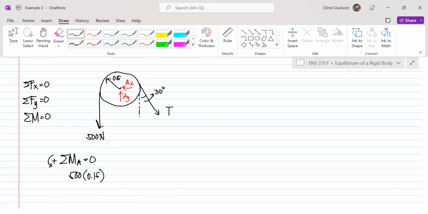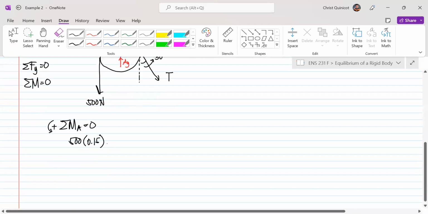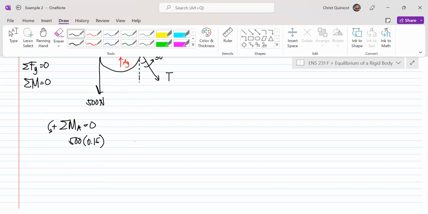No matter where we apply our force over our circle, if it is tangential, let's say you wrap your rope around your circle, it is always tangent to your circle. So we don't have to use the angle of inclination provided here, which is 30 degrees. We just have to multiply our tension immediately with the perpendicular distance from A, and that is its radius.